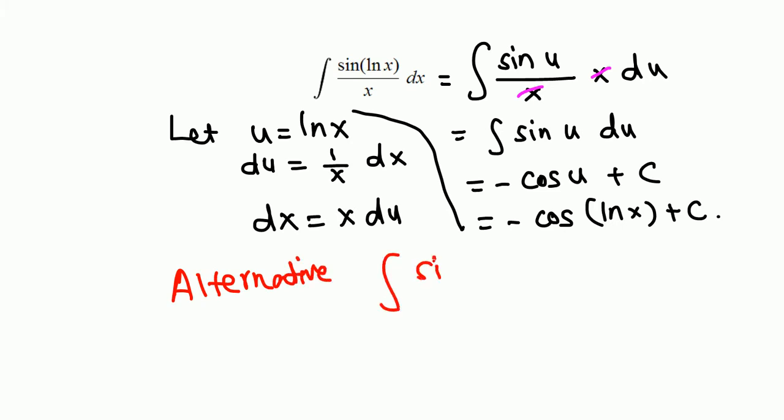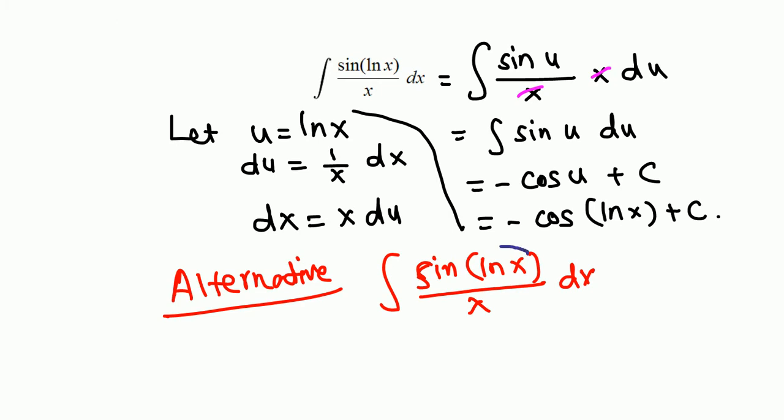Okay, we have sine of natural log of x over x dx. If we think this is u, this is sine u, and the derivative of u, the derivative of natural log of x, is 1 over x dx. So 1 over x dx becomes du.